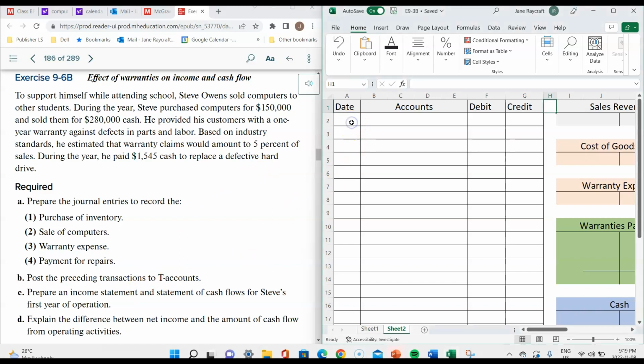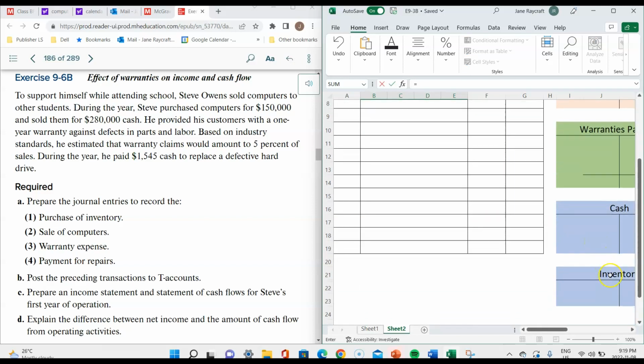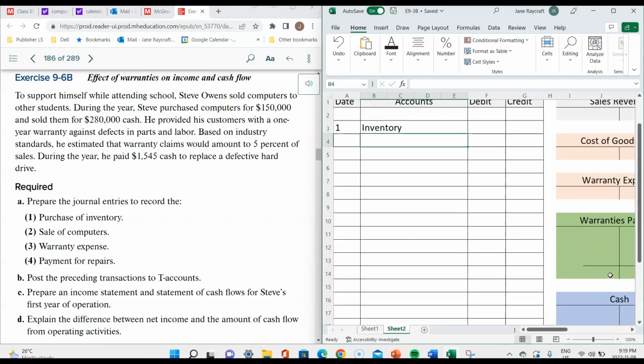So right off the bat, transaction number 1, he's going to buy some computers for $150,000. So we're going to have inventory going up with a debit of $150,000.